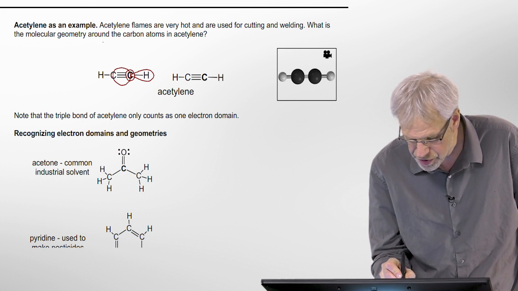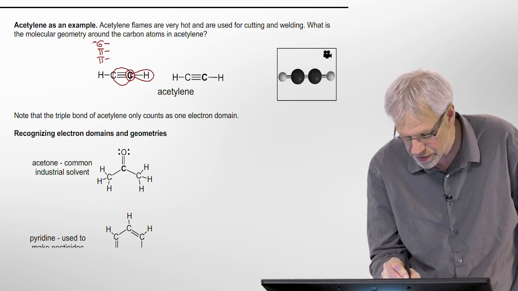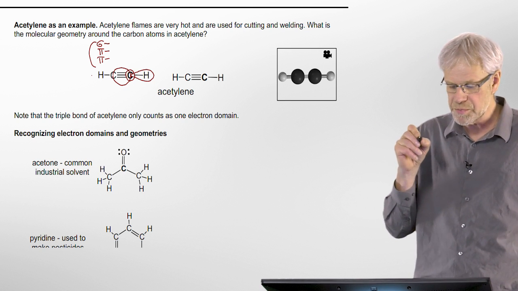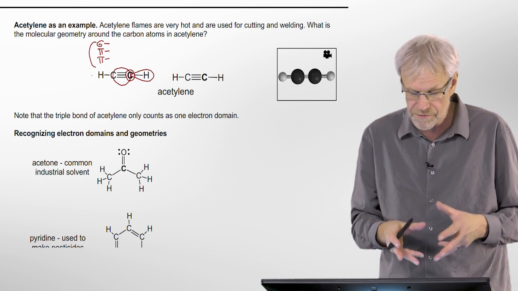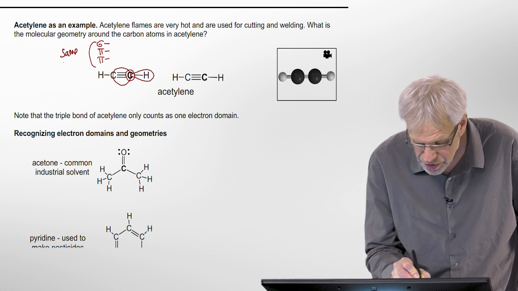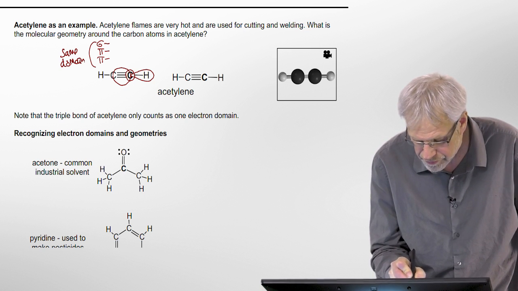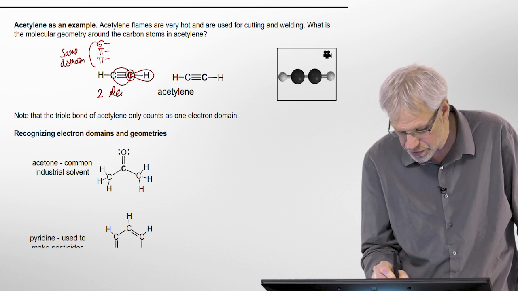The carbon-carbon triple bond consists of a sigma bond, a pi bond, and another pi bond, and the electrons in those bonds cannot occupy exactly the same area of space, but for the purposes of VSEPR, they're assumed to all occupy the same domain. So around this carbon atom in acetylene, we have 2 electron domains.